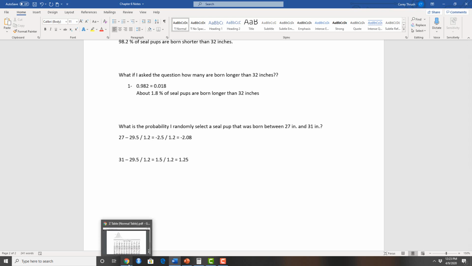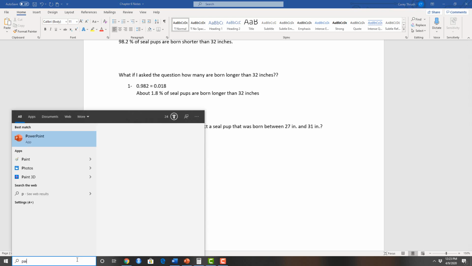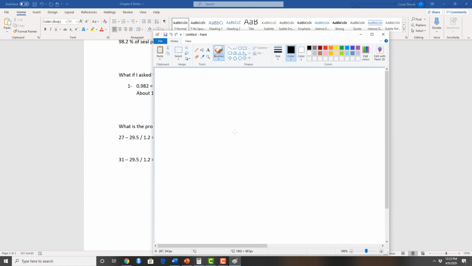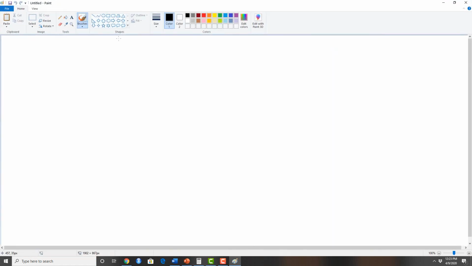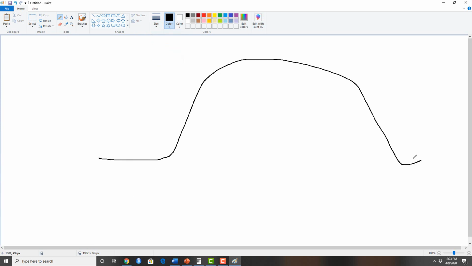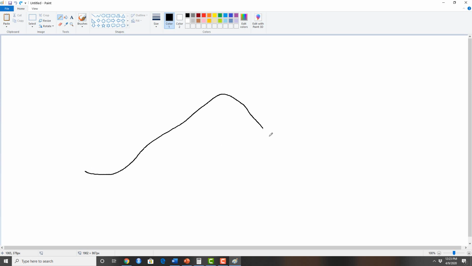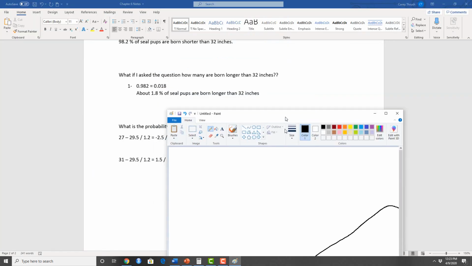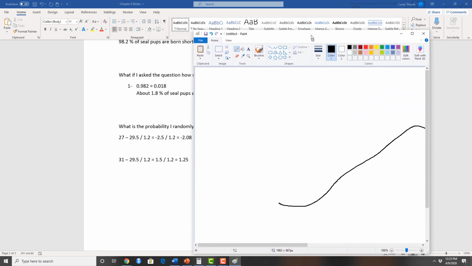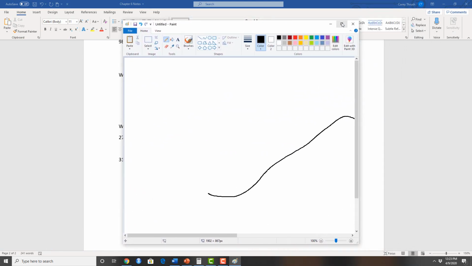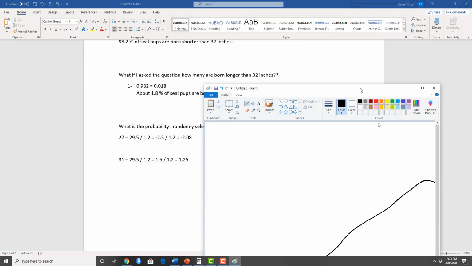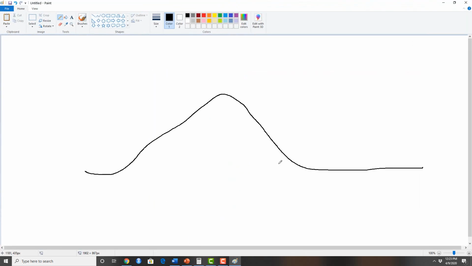So now I'm going to draw it. Hopefully, kind of well. So let's just say we have our normal curve like this, and we're assuming that this is a standard normal, and we have negative 2.08, and I'm going to draw that right about here.